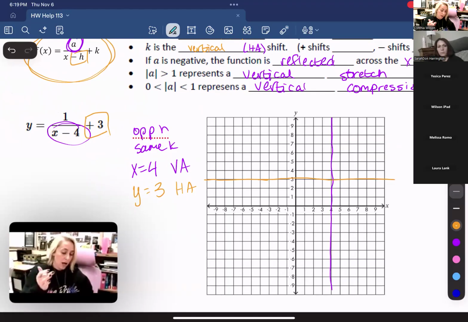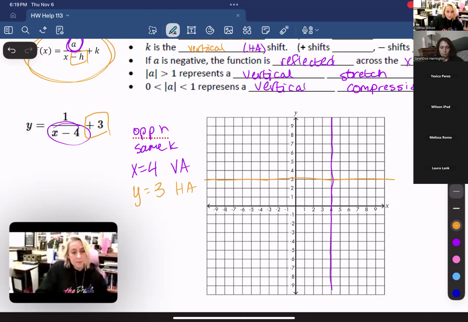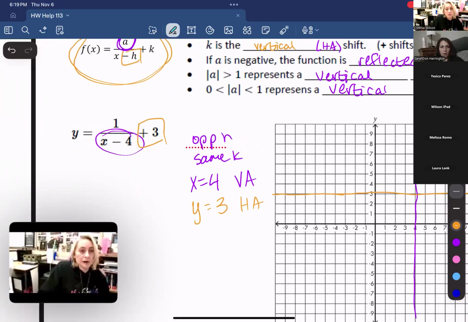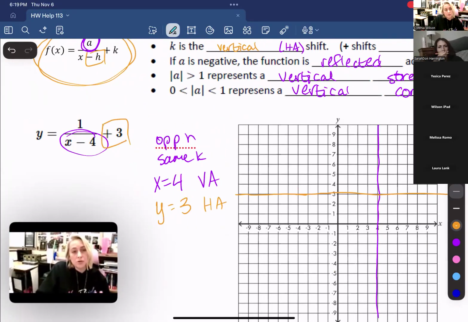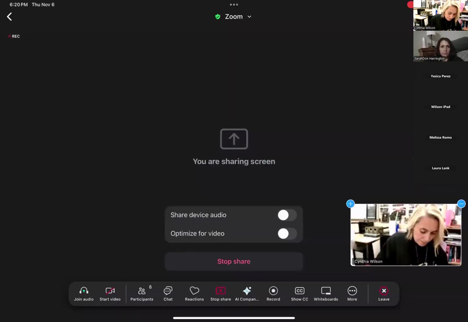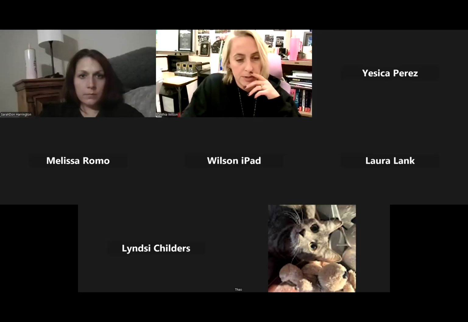The x-intercept is going to be really hard to find on this one, but the y-intercept will not be. Actually, no, it will be hard on this one. So I think on this one, you just have to match the vertical and horizontal asymptotes. Actually, I think I will pull this up. Where do I stop sharing? Okay, let me pull it up on the screen.